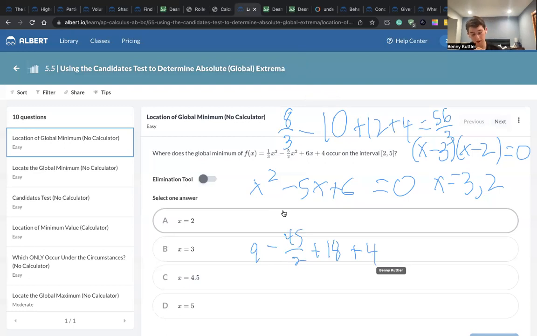So here we get 31 minus 45 over 2, which is 62 minus 45, 17 over 2.